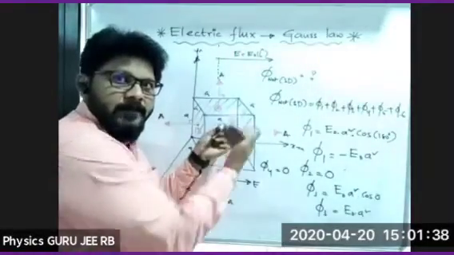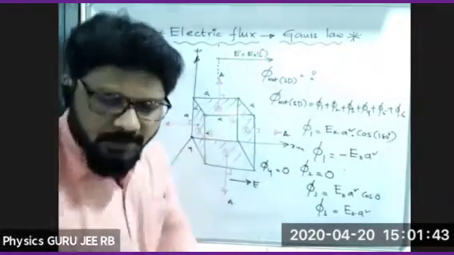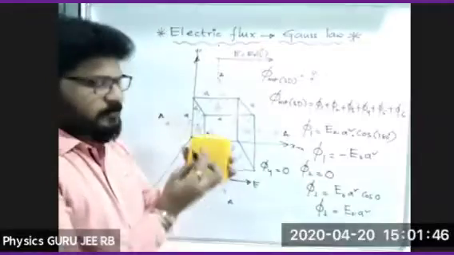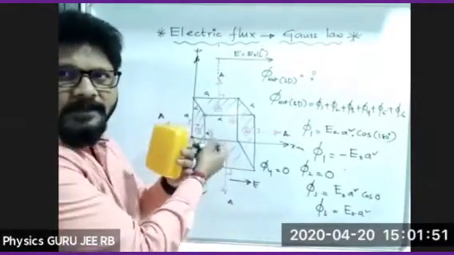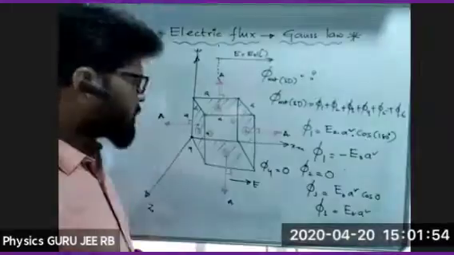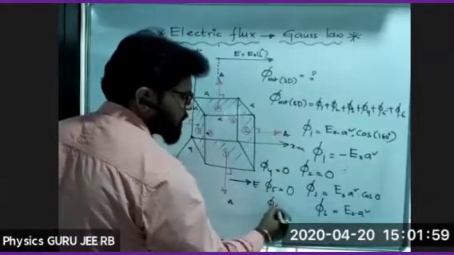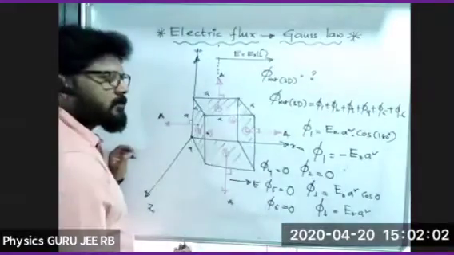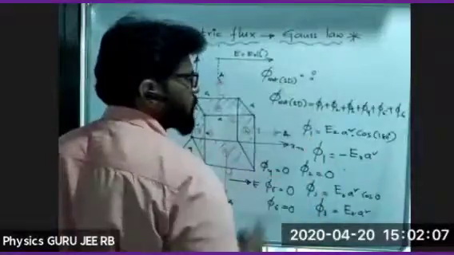What is the angle from here to here? If I take this as the fifth surface, placing it like this, what is the angle? 90 degrees. For the sixth surface, 90 degrees. So phi 5 is 0 and phi 6 is 0, because the angle is 90 degrees.